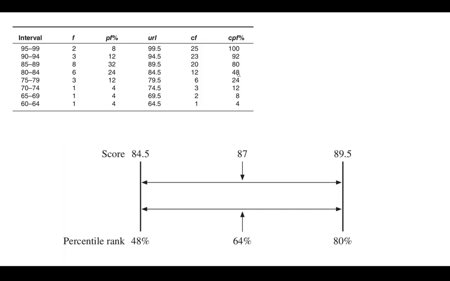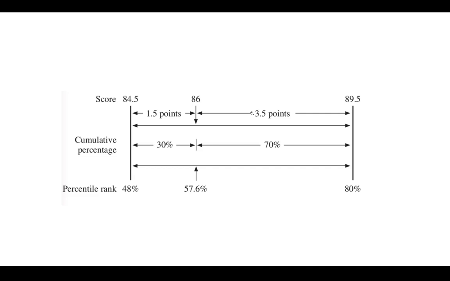When we review the cumulative percentage frequency, from 48 to 80 there are 32 percentage points, and 30% of 32 is 9.6.